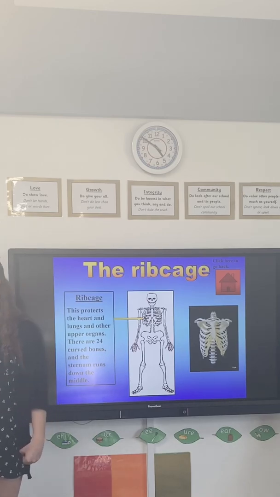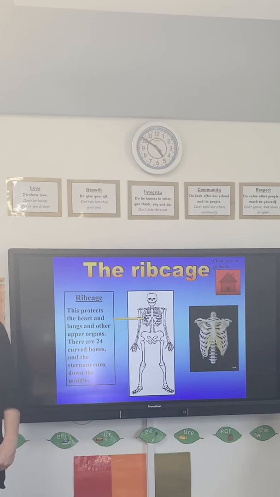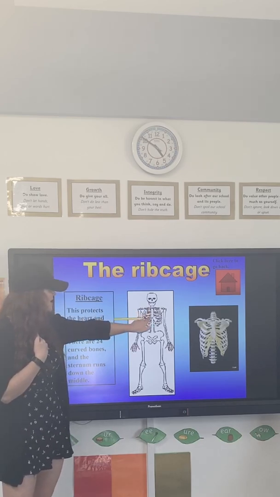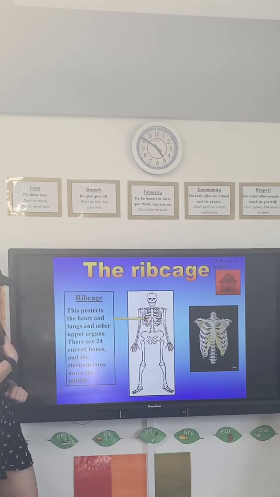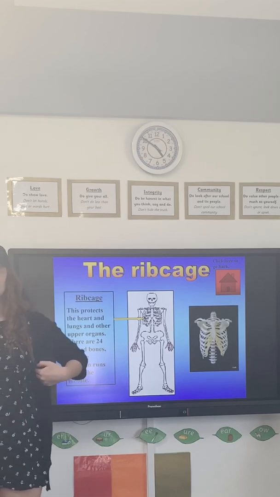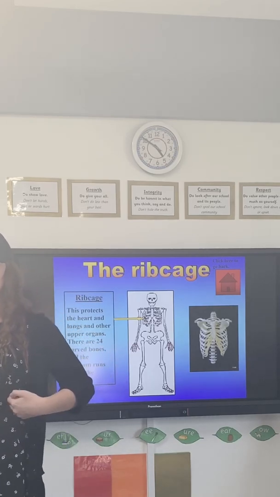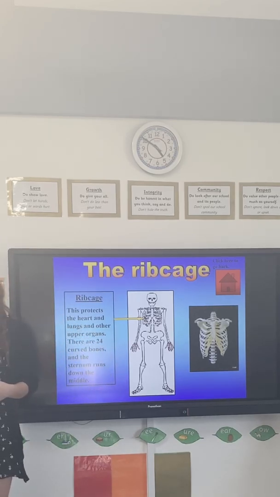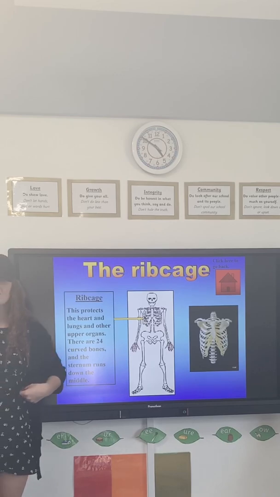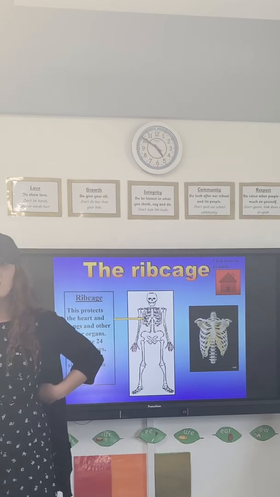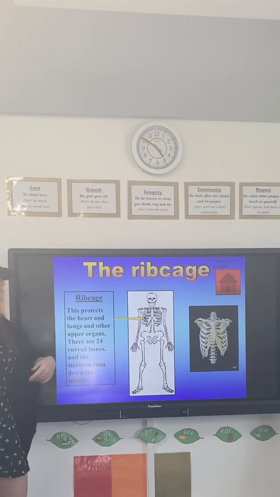There are 24 curved bones, and the sternum is this bit here. It runs right down the middle, where those 24 bones in the rib cage connect. And if you have ever hurt your ribs, or your parents have ever hurt or broken their ribs, they know how much it hurts.